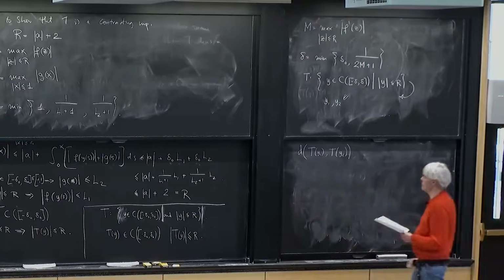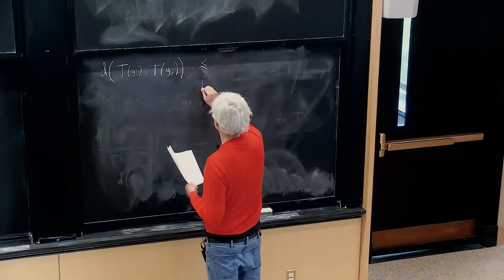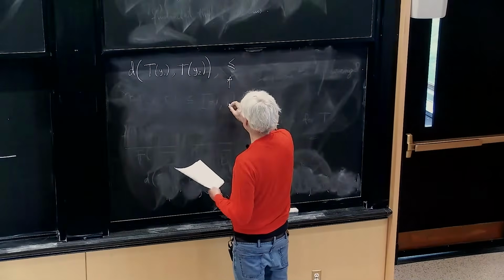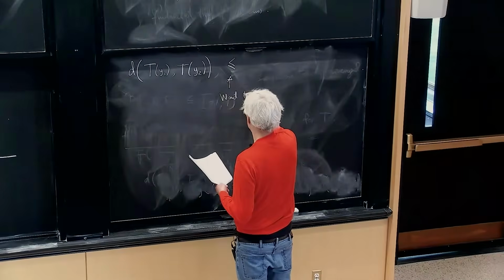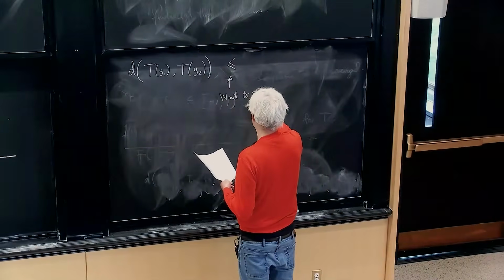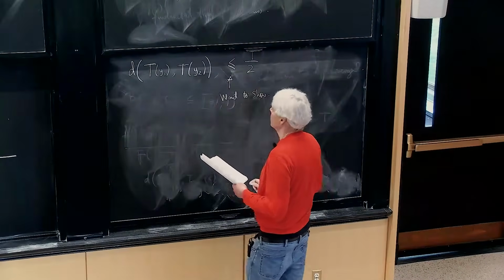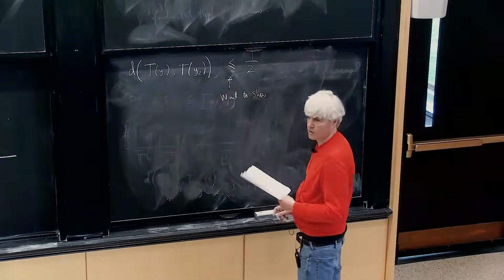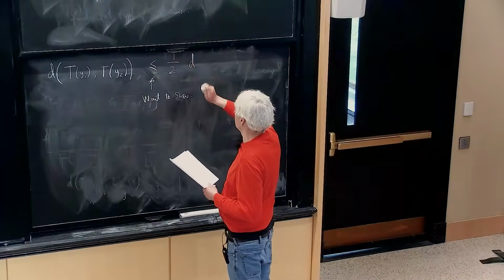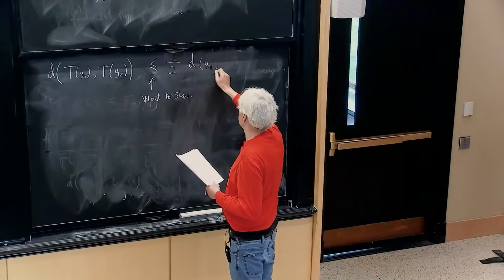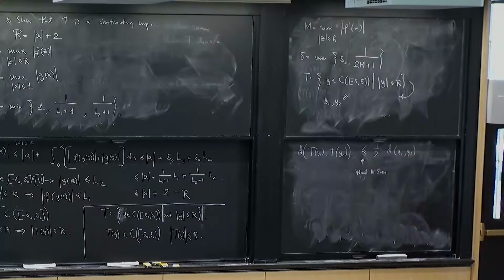What I want to prove is that it's contracting. My constant C will be explicit. It will be just a half. So that certainly is less than 1, and this is what I want. Okay.